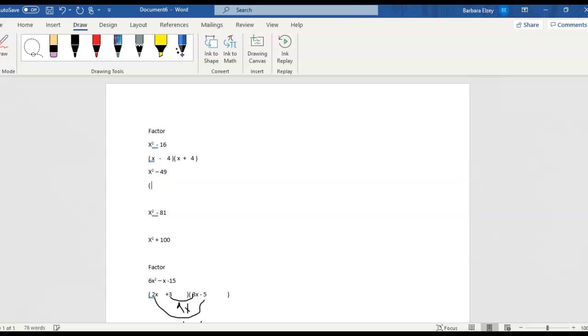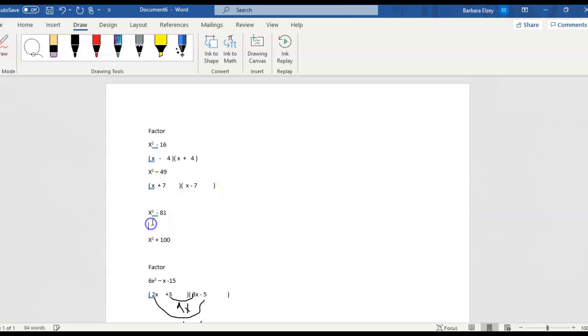Again, we see it's a difference of squares. We have two perfect squares with a minus sign in between. So we need an x and x. Square root of 49 will be 7, so we need, and notice this time, just to be different, I'll put the plus first and the minus second. It doesn't matter.